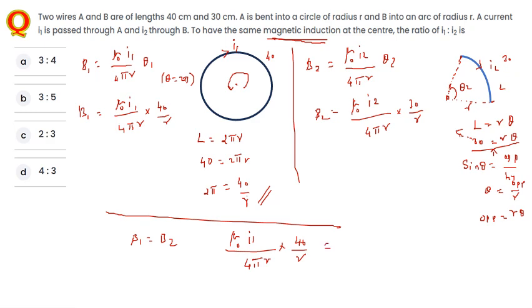Similarly, here you have mu naught I2 divided by 4 pi r into 30 divided by r. Now mu naught will be cancelled, and 4 pi r will be cancelled. Additionally, this also will be cancelled. From this, what they are asking is I1 divided by I2, which is 30 divided by 40, that is 3:4. So the answer in this case is 3:4.